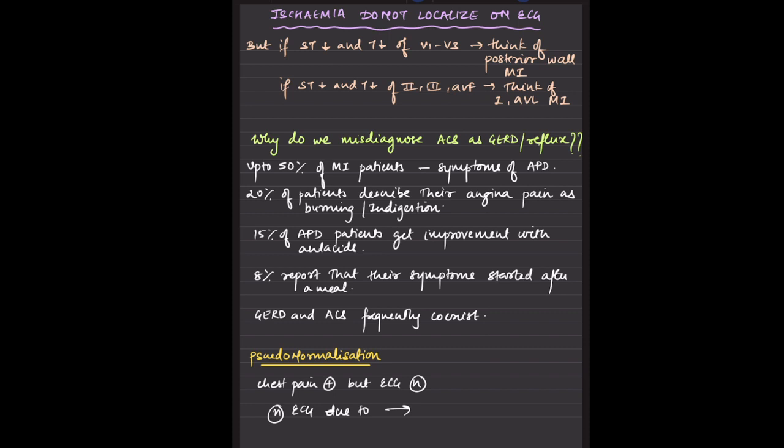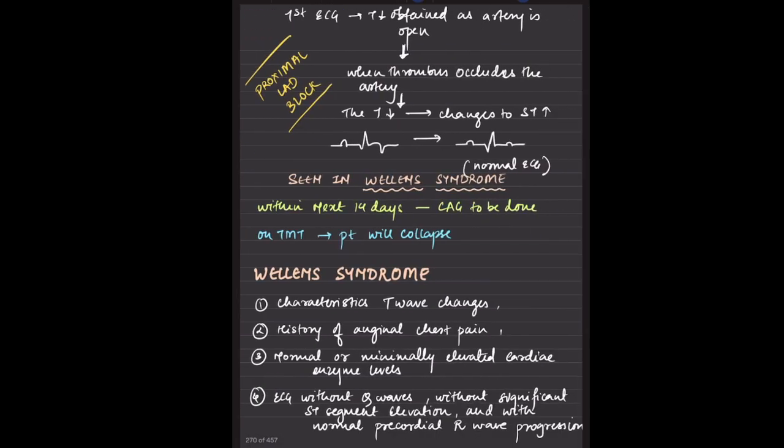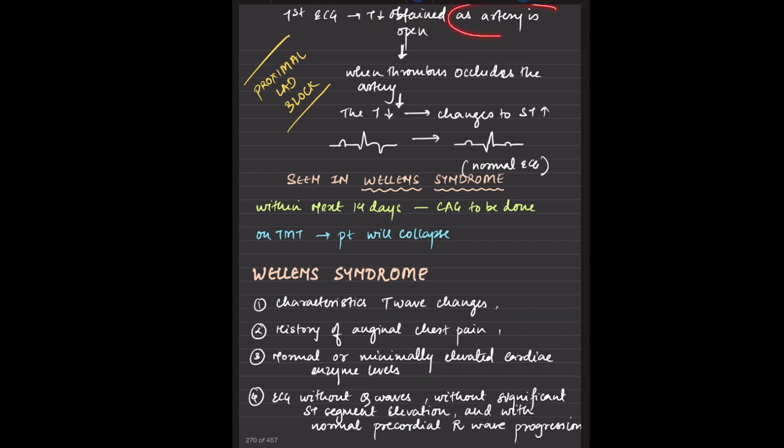Now something called pseudonormalization. Very important to understand Wellen syndrome, right? The patient has chest pain, but the ECG is normal. How could this be possible? Once the patient comes to us, their first ECG is taken. T wave is inverted, as the artery opens.